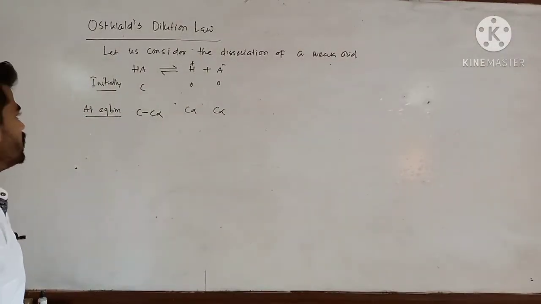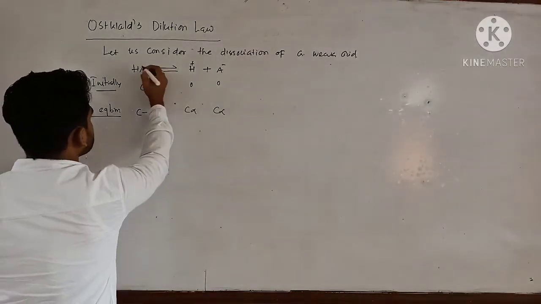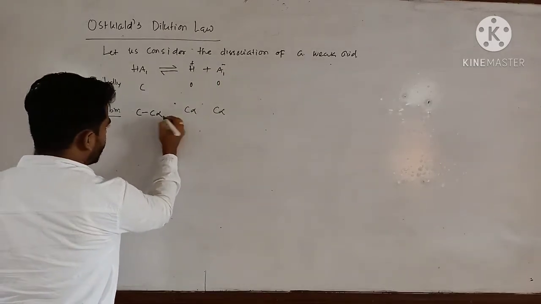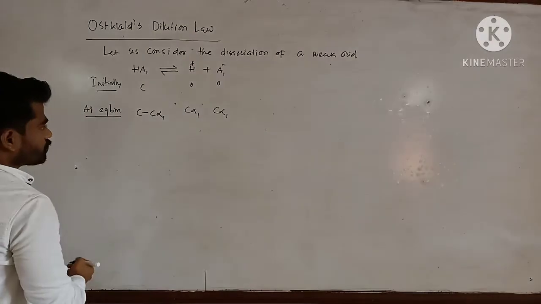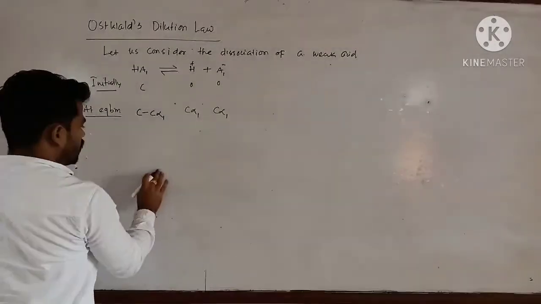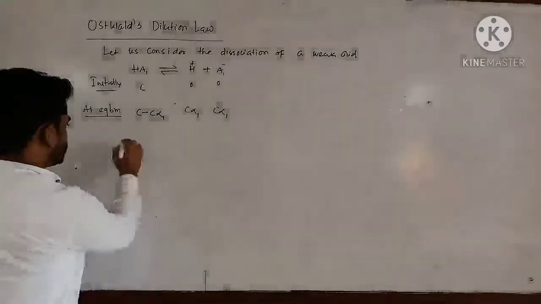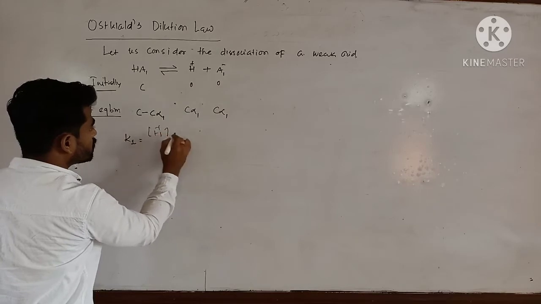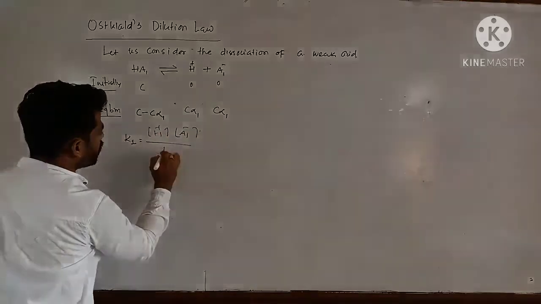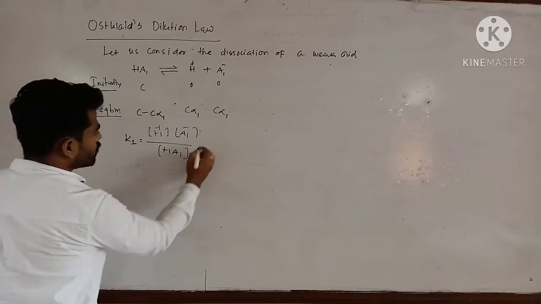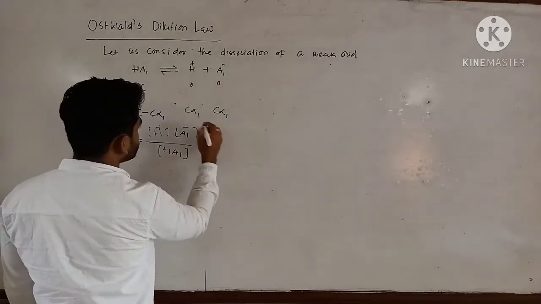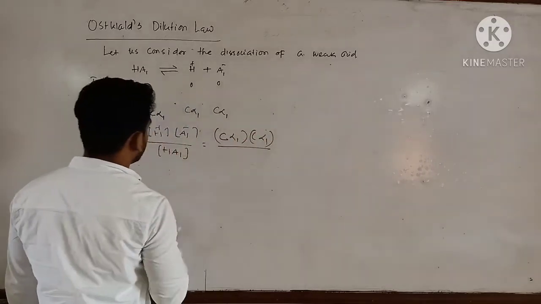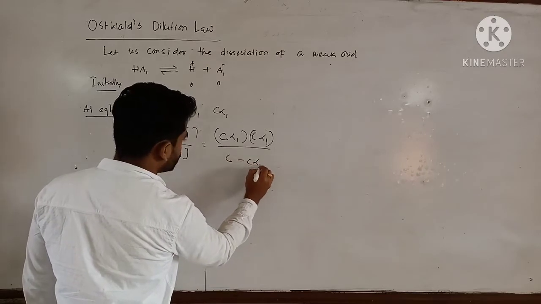Clear? Suppose for one acid I am considering over here, that is HA1, and this one is A1 minus. Like that, alpha 1 is there. Now applying the law of chemical equilibrium or acid dissociation constant, K1, that is the concentration of H plus and A1 minus upon HA1, is equal to C alpha 1 into C alpha 1 upon C minus C alpha 1.